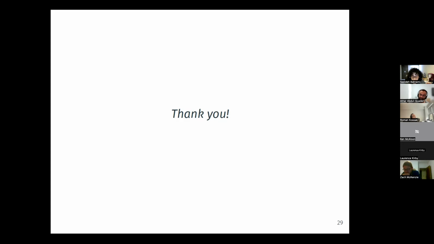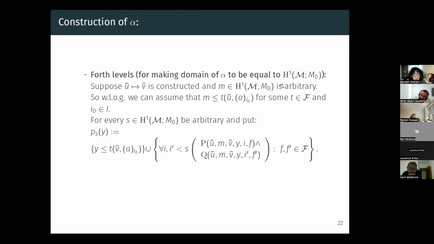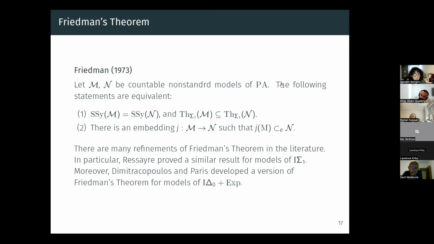I know that I see Zach is in the audience. I know that Ali and Zach have a paper on initial self-embeddings of models of set theory, and they have similar results like this one, though not for small ones.